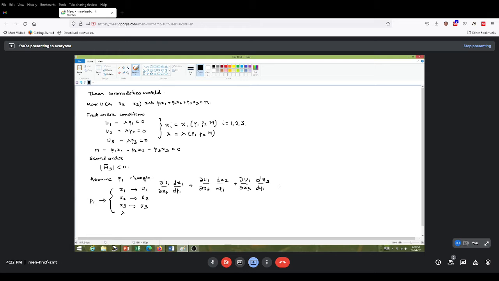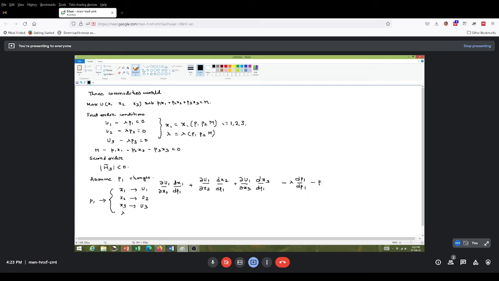Now we come to the minus lambda P1. First we hold lambda constant. So if you hold lambda constant, then lambda and del P1, it is simply dP1 by dP1, which is equal to 1.